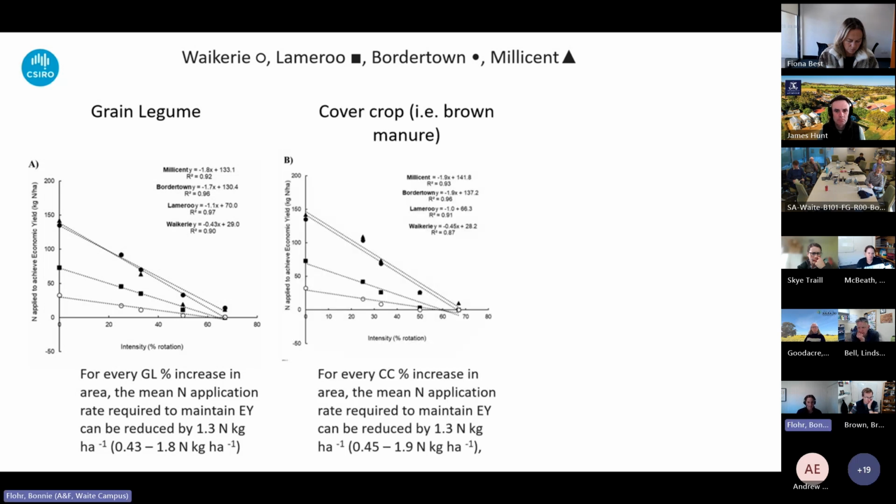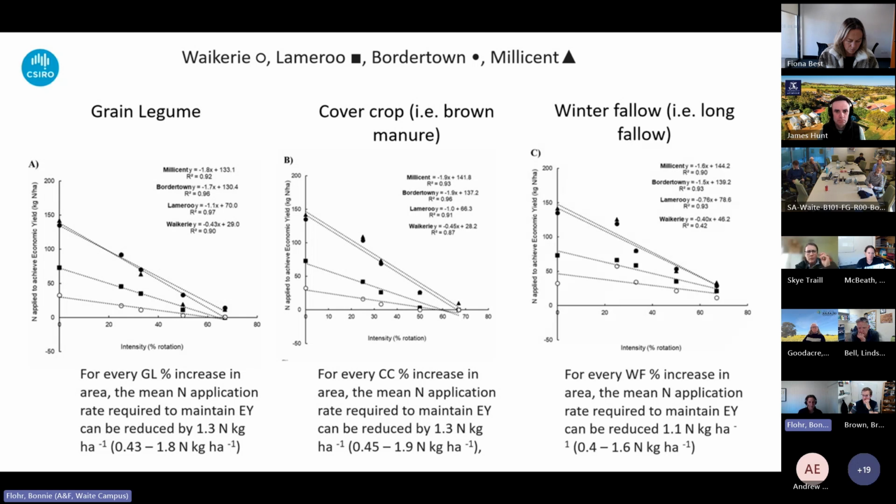Similar figure, the same figure was done for cover crops and for the winter fallow. So the mean reduction in nitrogen application was the same, or very similar, for cover crops as it was for grain legume. And for winter fallow, the reduction was slightly less.